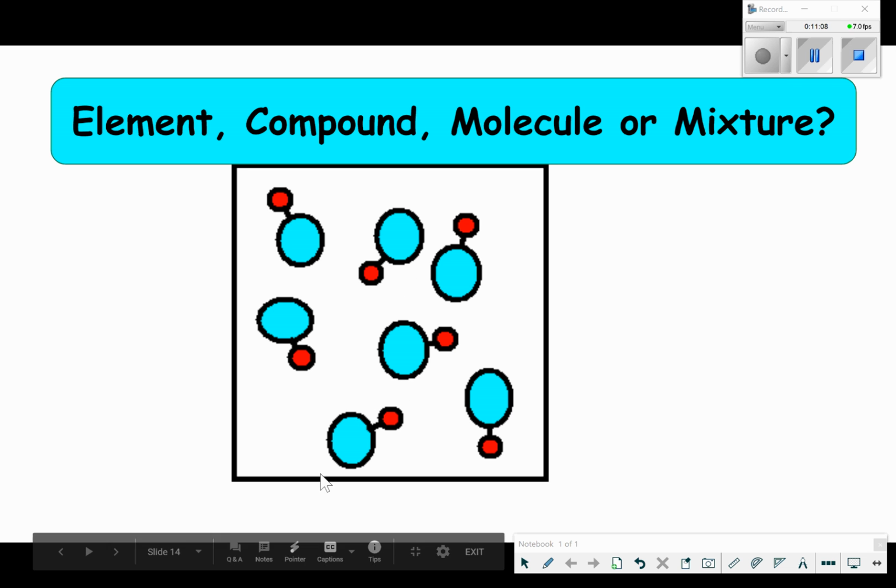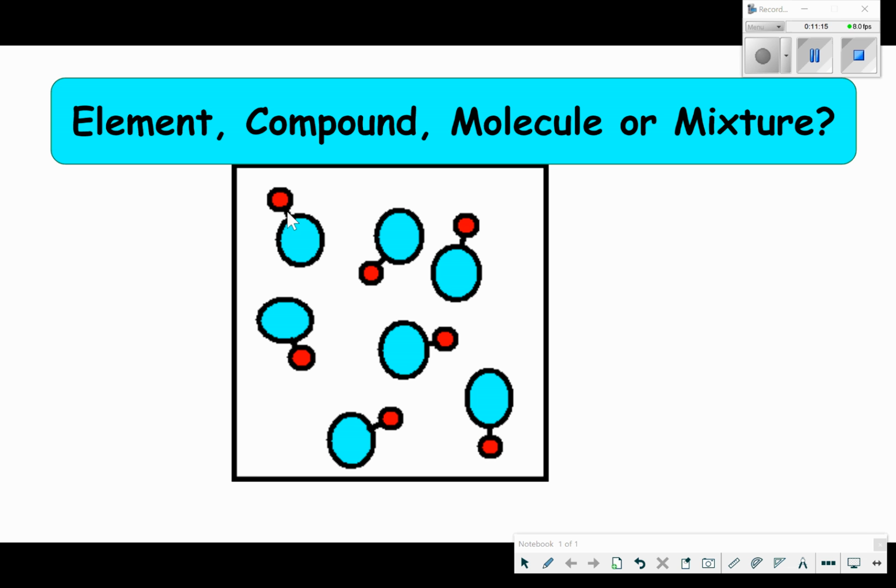On this one, you can see you've got blue atoms and you've got red atoms, and the blue atom and red atom have a stick in between them, a bond, and each object is consistent.